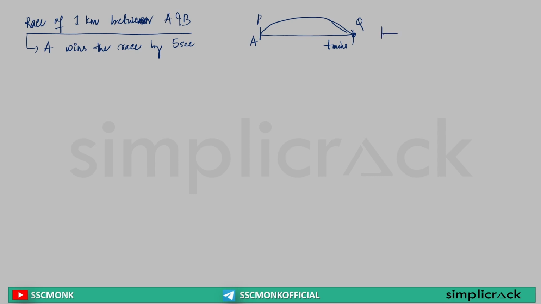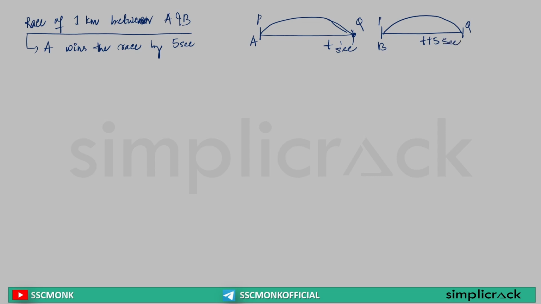B will take how long? A is winning the race by 5 seconds. That means from P to Q, B will take T plus 5 minutes or seconds, whatever is given. Here it is given in seconds. So let's say A runs for T seconds, then B will run for T plus 5 seconds.